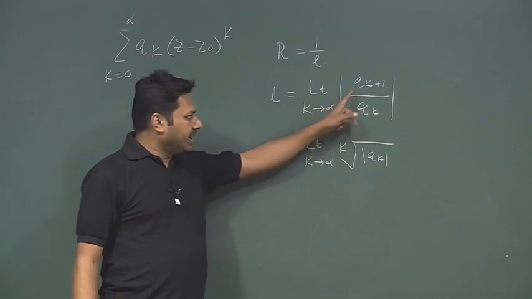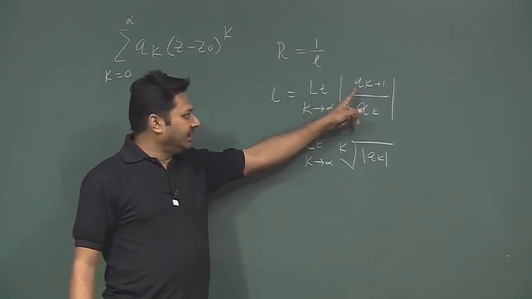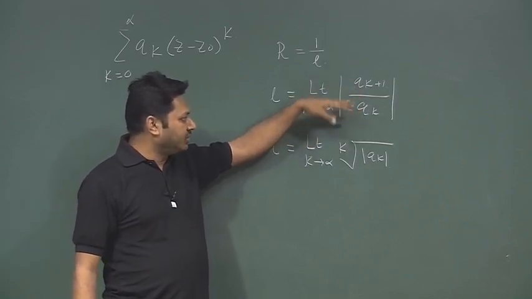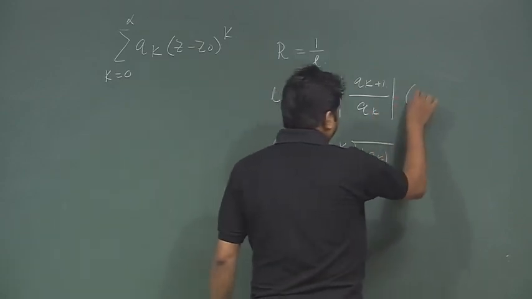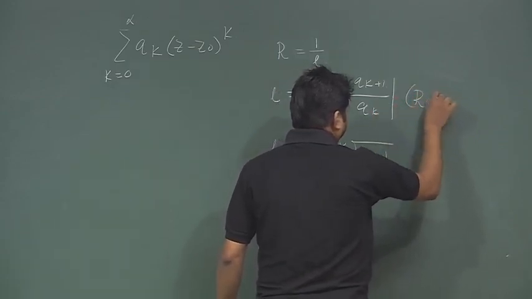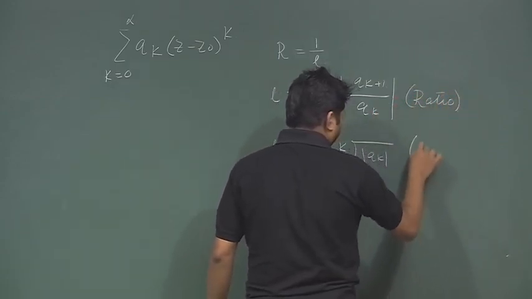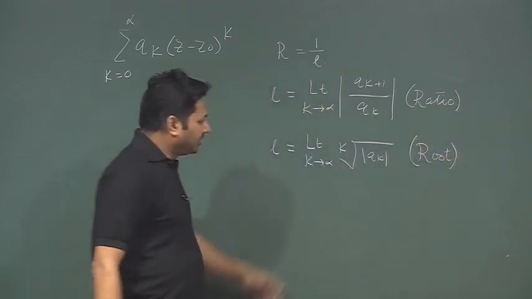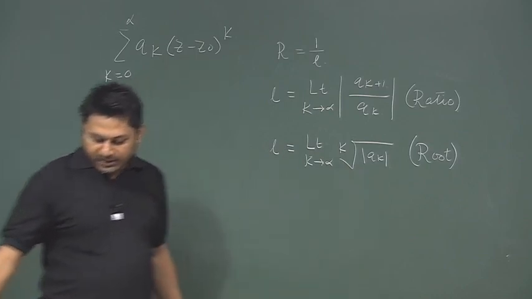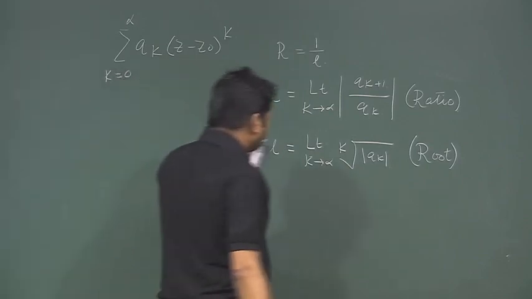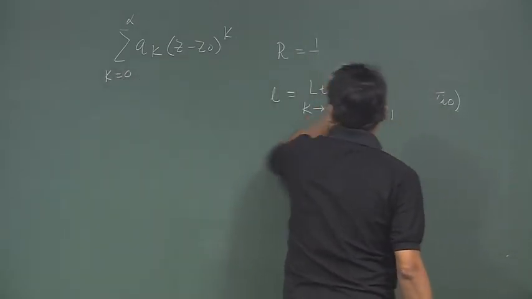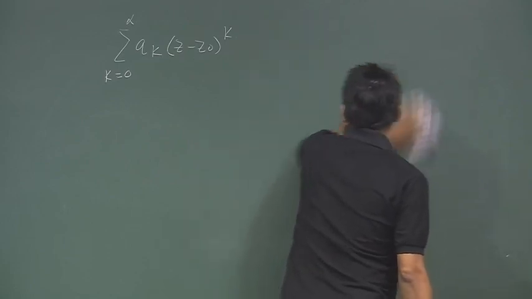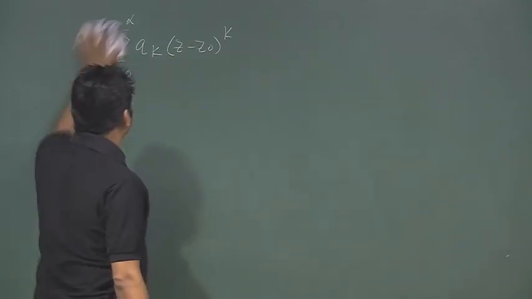Sometimes, if the coefficient a_k is such that it is difficult to apply the ratio test, then we may go to this root test. Let me show you one example where it may be easier to find the root rather than doing the ratio.